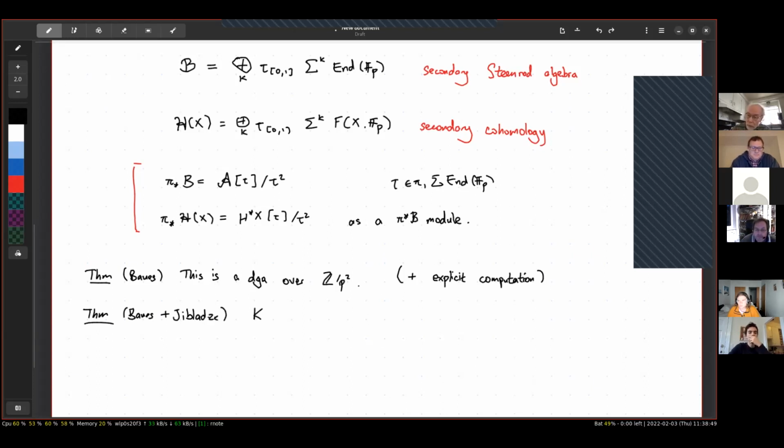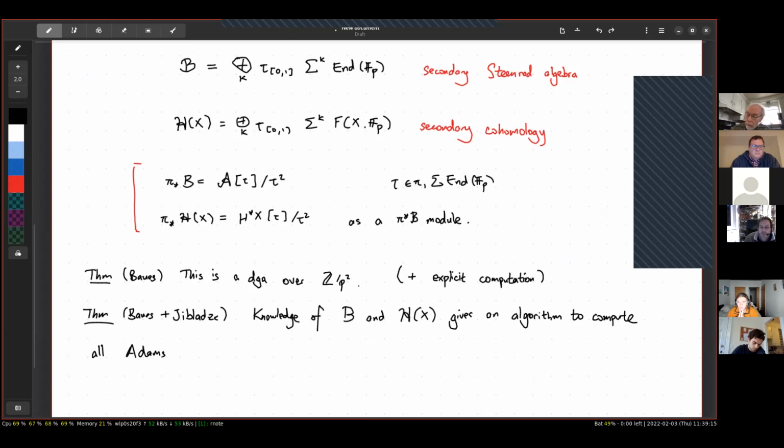Knowledge of B and the secondary cohomology of X gives an algorithm to compute all Adams d2 differentials of X. So this is a remarkable result.